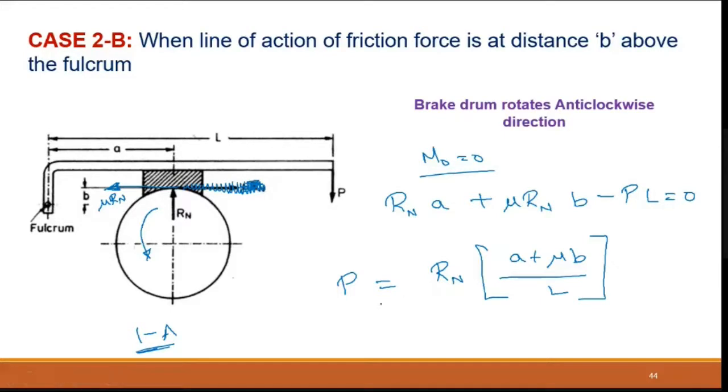Here you need extra force to apply because the friction force is not helping you. You have to withstand more than the friction force so that you can apply the load. That is the concept. Any doubt to this?